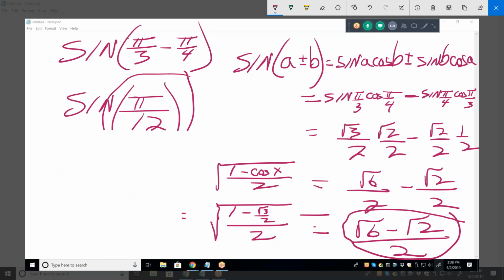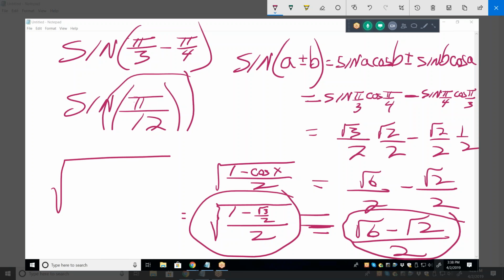Is that equal to that? It is equal to that. It's a little bit of sophisticated algebra, but what you basically have to do is, starting with this, multiply top and bottom by 2, giving you this.